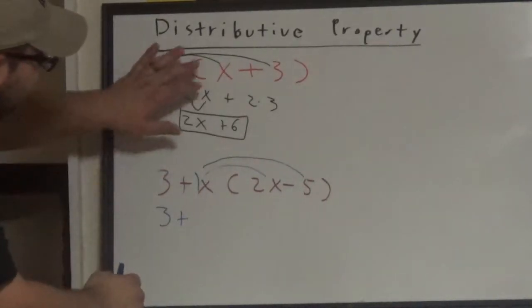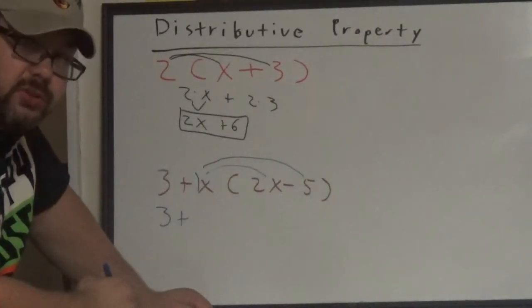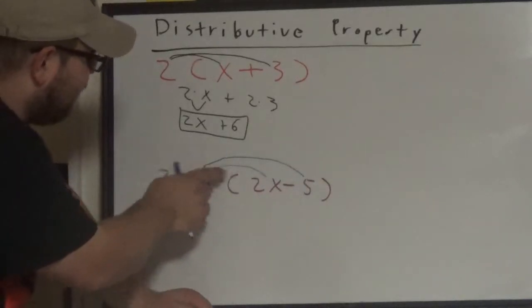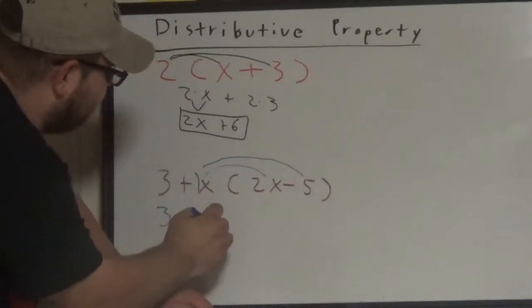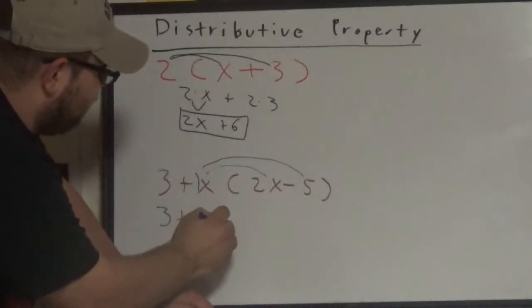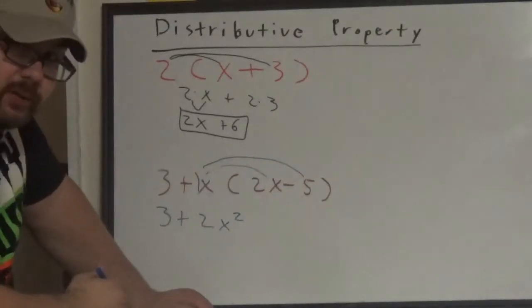I should have said that up here for anyone who doesn't remember that. So 1 times 2 is 2. X times x is x to the second power, or x squared.